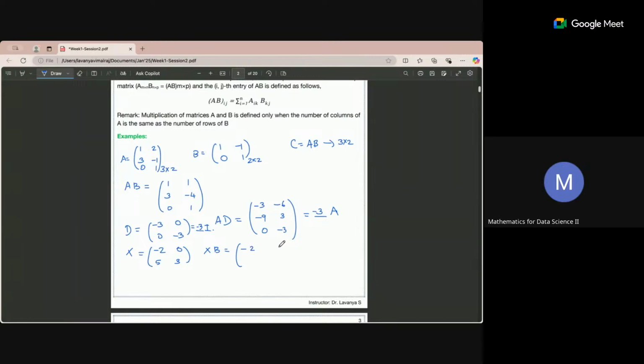Then 5, and 5 plus 3 is -2. Same way, can you tell what is B times of X?